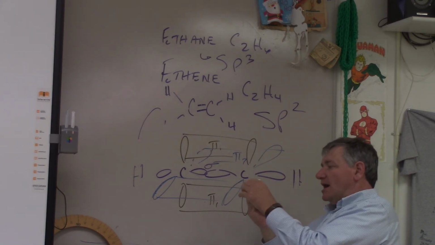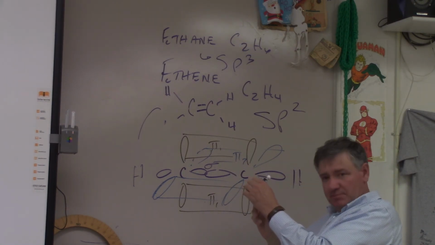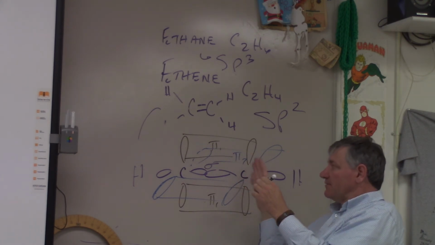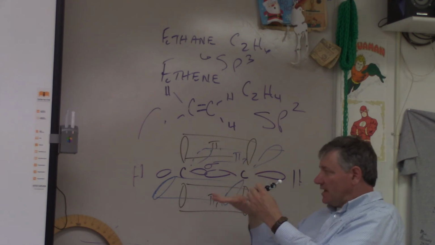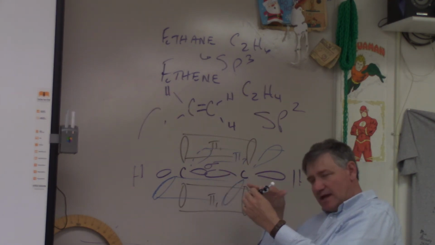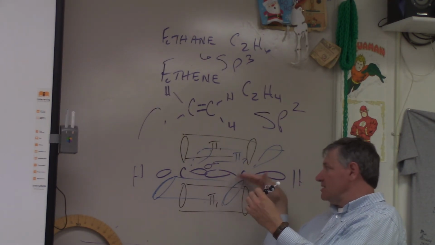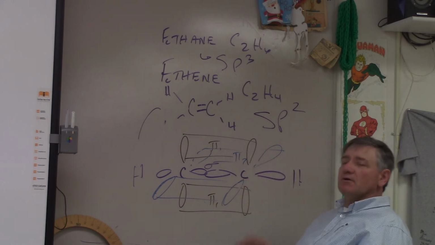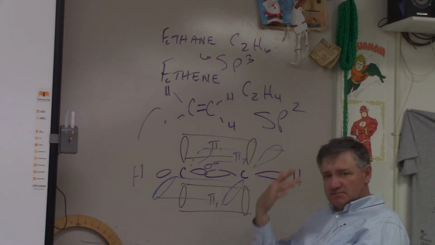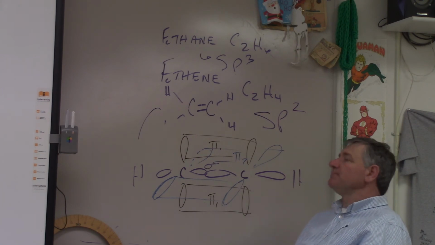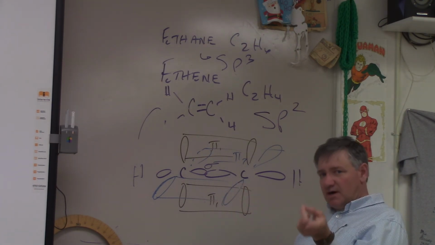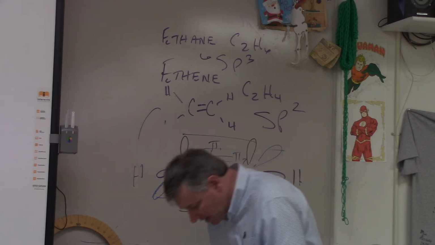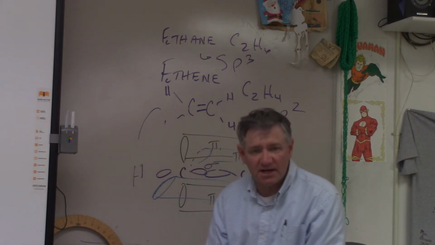So I've got a sigma bond in between. Then I've got a pi bond in the plane of the board, and then a second pi bond existing out here on the axis coming out of and then into the board. This is a logic thing. I've got a triple bond, I can only have one sigma bond. To form the other pi bonds, I've got to have non-hybridized p orbitals.